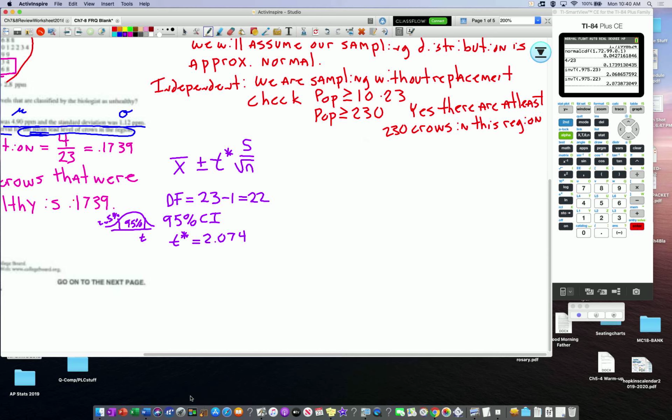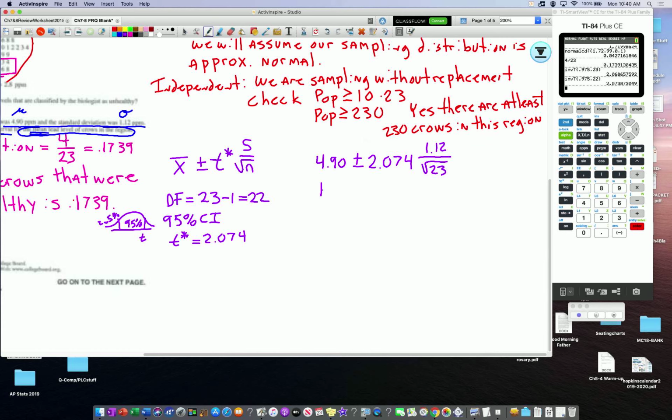All right, so now, remember from the information they actually gave us, here's our sample mean. So x bar in this particular case is 4.90 plus or minus, now my t star, 2.074. Sample standard deviation is 1.12 over the square root of how many crows we have, 23.